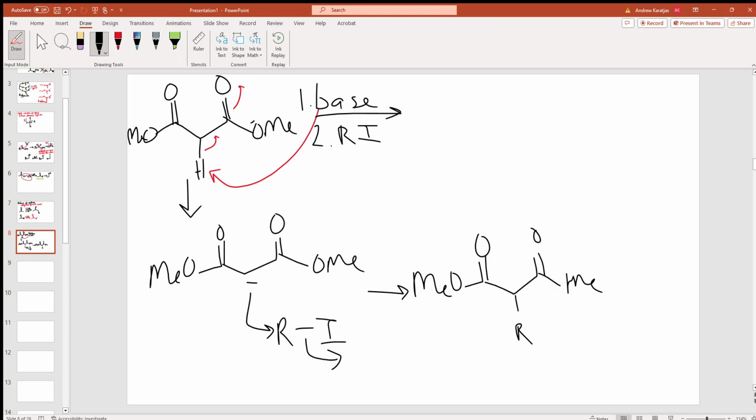As I said, we've literally just done an alkylation of a malonic ester. From here, though, and I'm not going to run through all of the mechanistic steps. These are steps that we've seen before. They're steps that if you need some review on, you can find them in the various places.